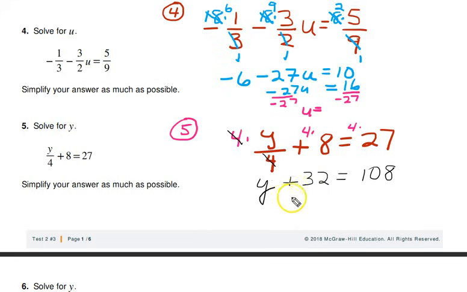Now again, I can subtract 32 here, or take this positive 32, transpose it to the other side where it becomes a negative 32, and this then gives me, this is gone now, y equals 76.